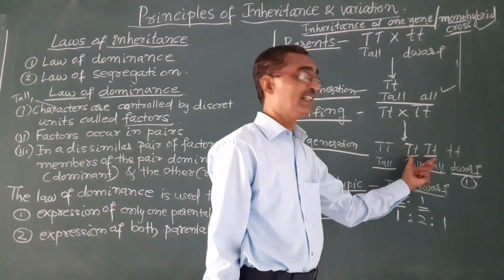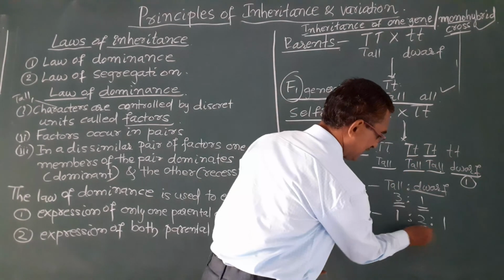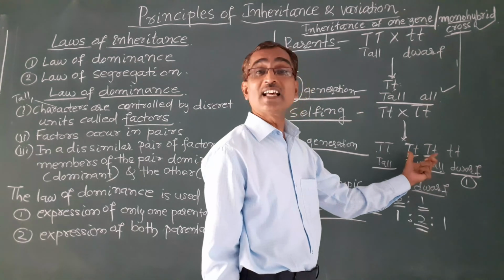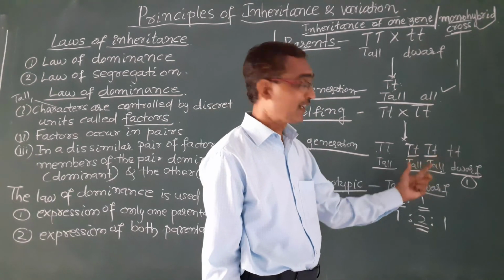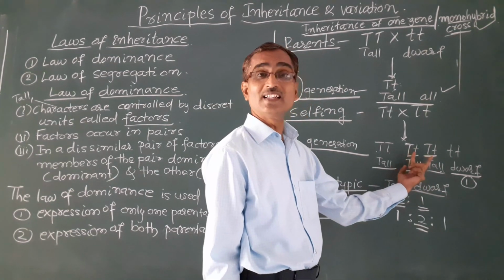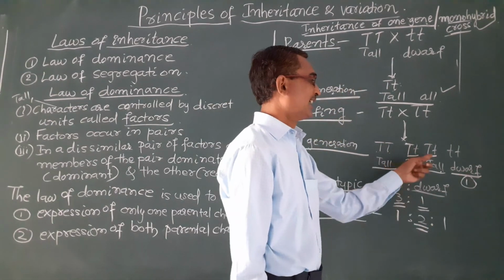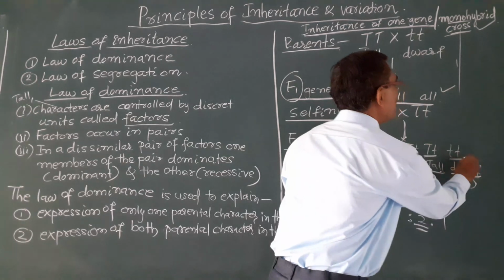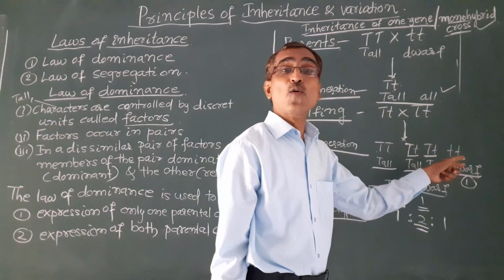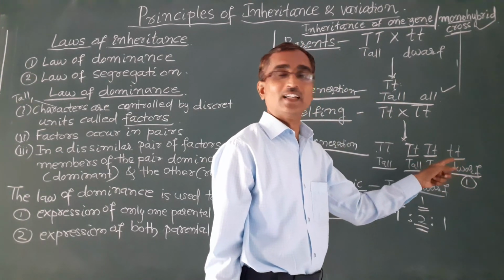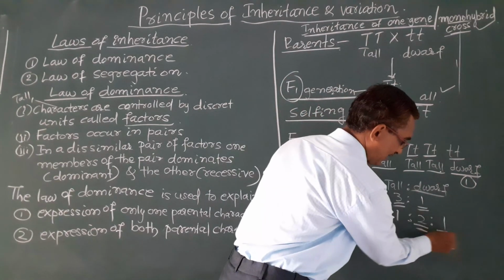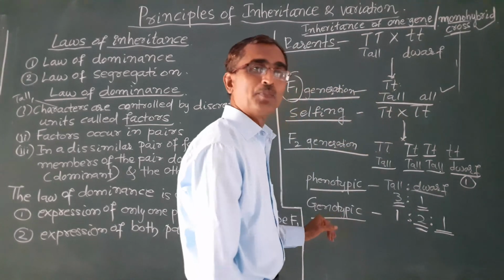How many are there? Two. These are heterozygous tall, so two here. And next, this is a dwarf plant, a homozygous dwarf. How many plants are there? One.